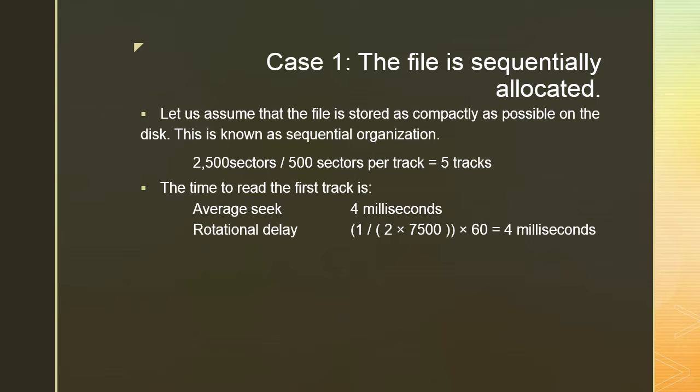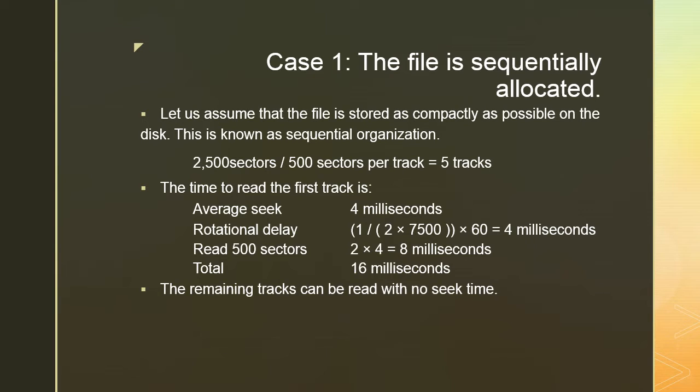This is the average rotational delay. We read 500 sectors in 8 milliseconds. The rotational delay is for 180-degree revolution. For a full 360-degree revolution, the time will be twice the average rotational delay. So the total is 16 milliseconds. This is for the first track.